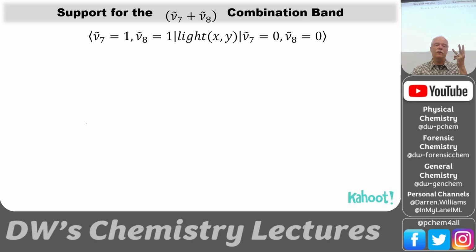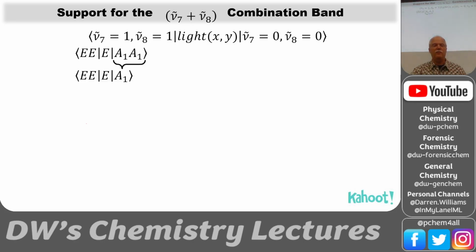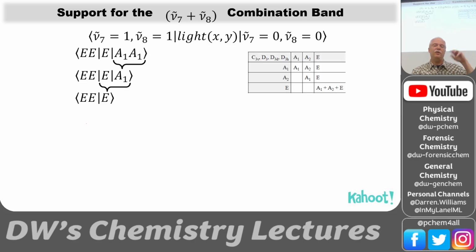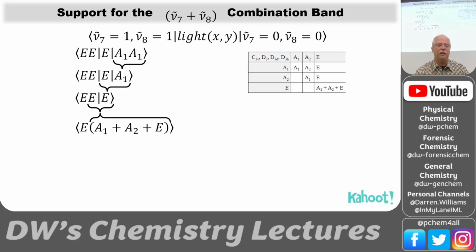Okay, so the first part of the problem is very similar: A1 times A1, and then A1 times E, but now we have 3 E's. So the first 2 are easy, A1, A2, and E, but then the next one is all of these. So let's see where these end up. E times A1 gives E, so it's over here. E times A2 gives E, so it's over here.